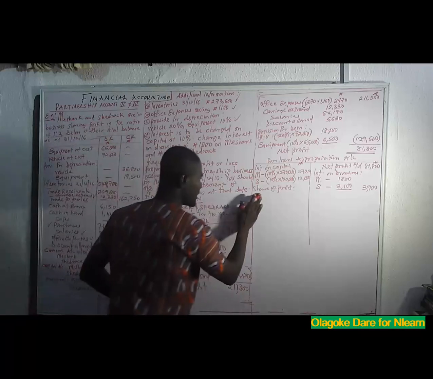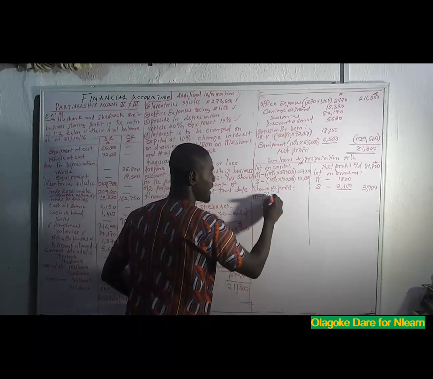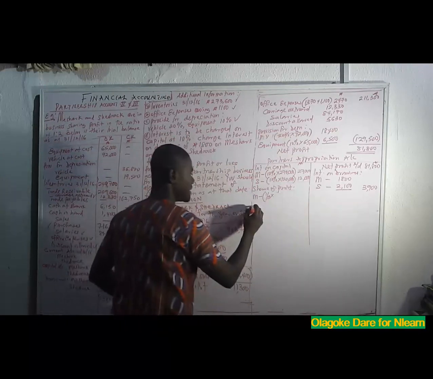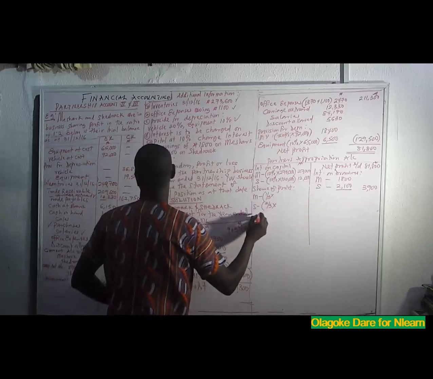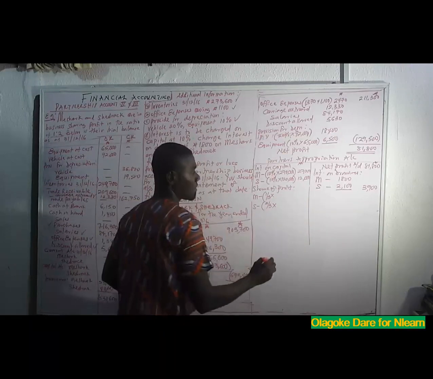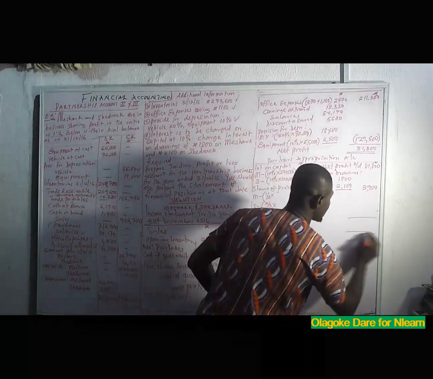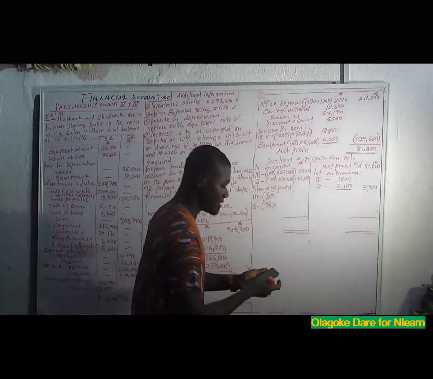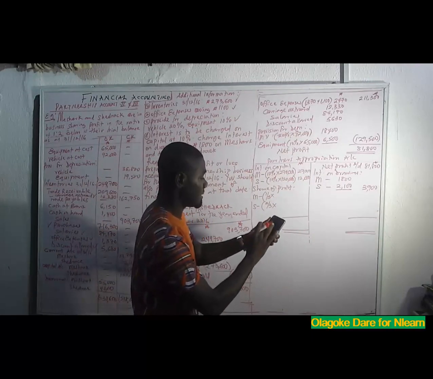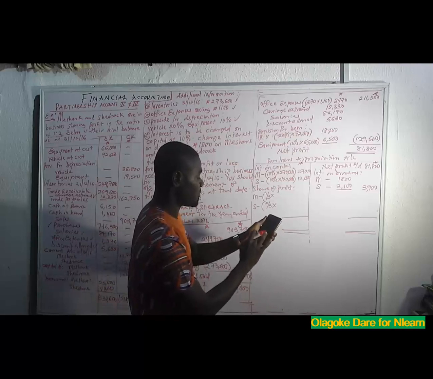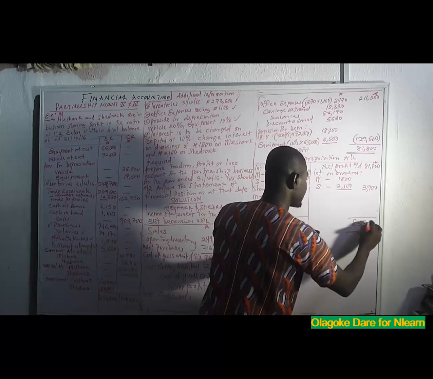So for Meshach, I'm going to have 1/3 times the difference between this side and this side. Shadrach is going to be 2/3 times the difference. Let's find the difference. Let me get the total of the credit side. The total is 81,800, my net profit, plus 3,900. So I have 85,700.